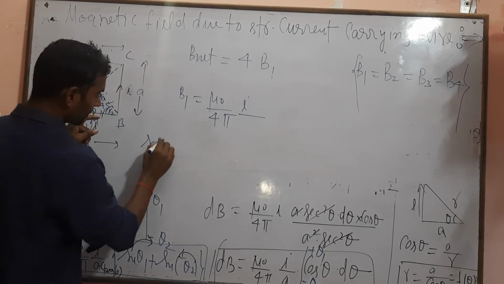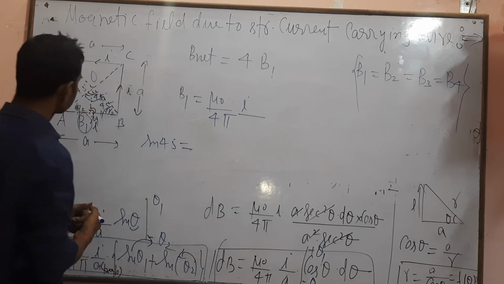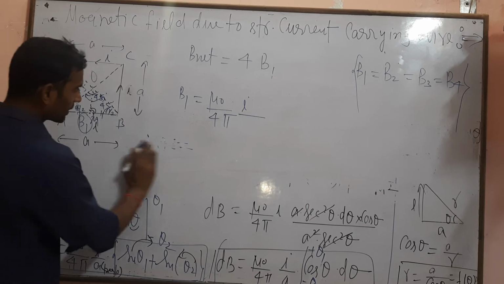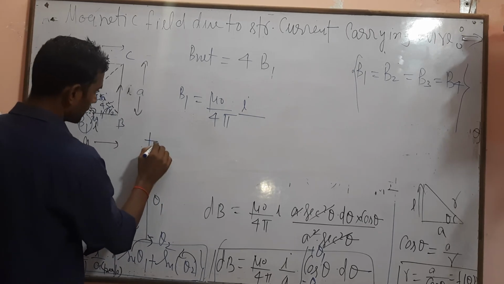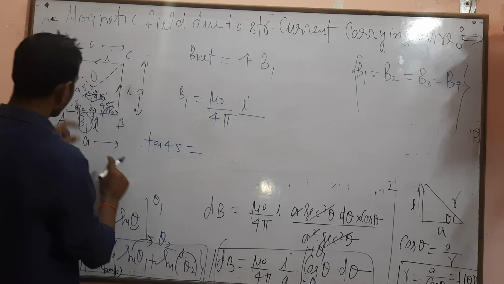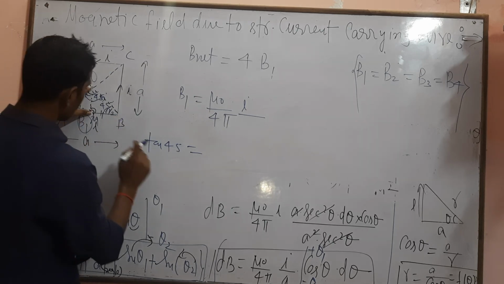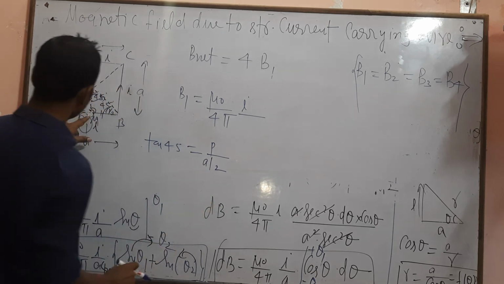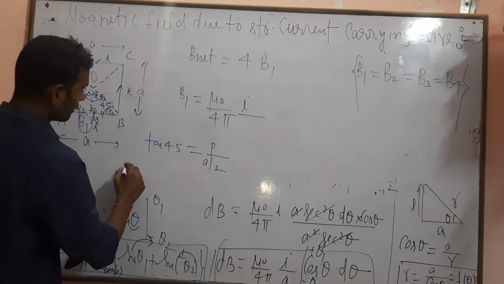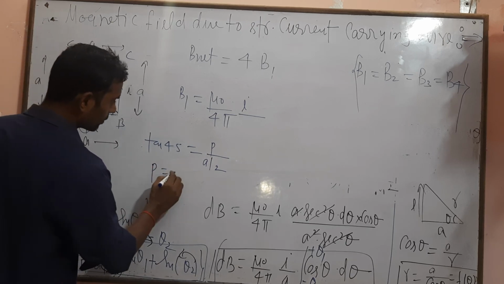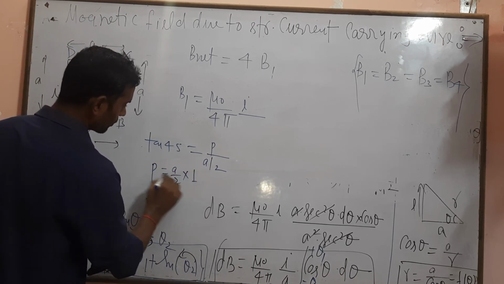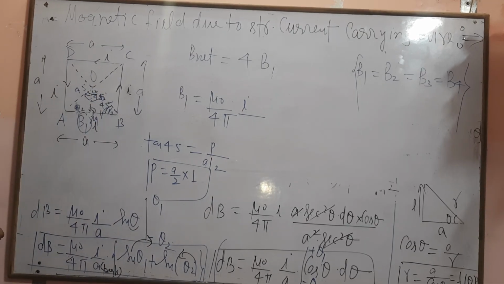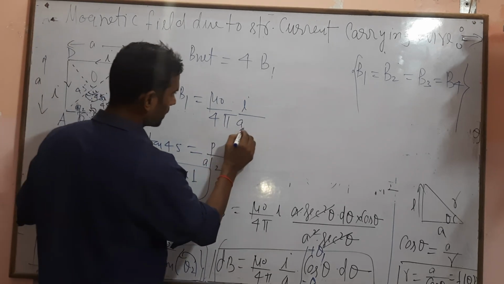So tan 45 equals perpendicular upon base, P divided by the base A by 2. This implies P equals A by 2, since tan 45 equals 1. So this length is also A by 2.